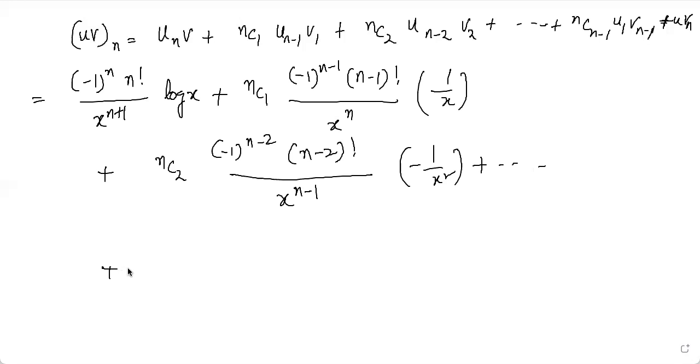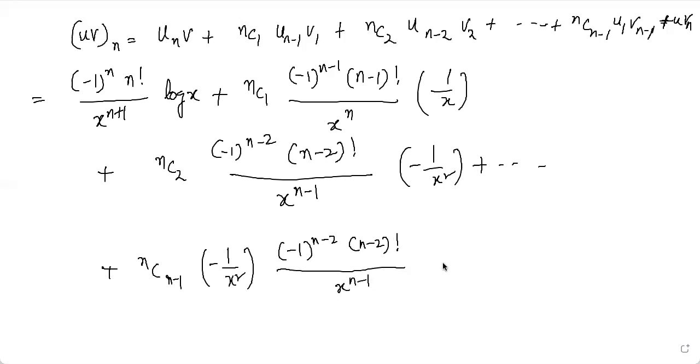So nc n minus 1, u1, and v n minus 1 gives minus 1 to the power of n minus 2, n minus 2 factorial by x to the power of n minus 1 plus 1 by x minus 1 to the power of n minus 1 and n minus 1 factorial by x to the power of n.